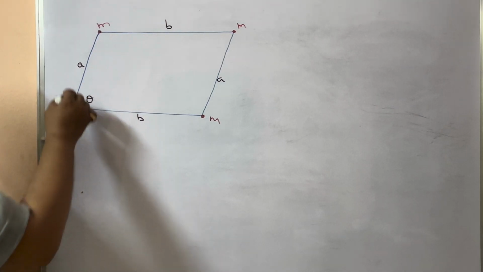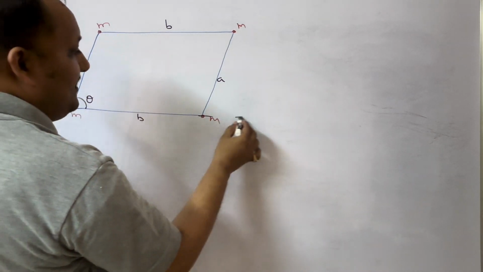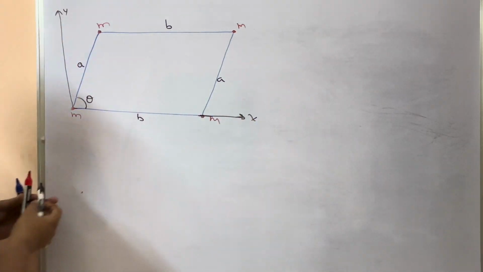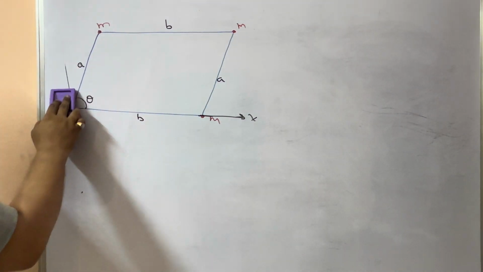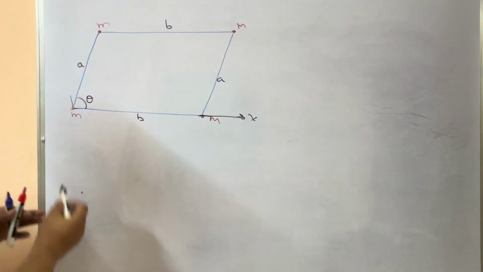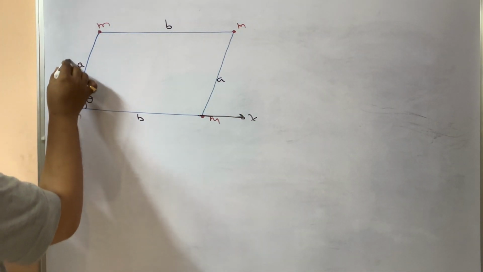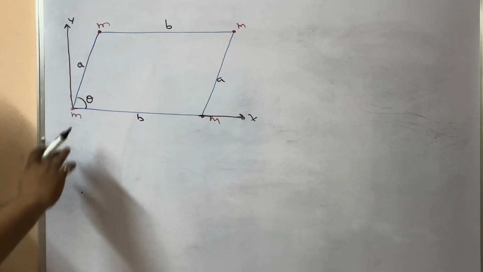So for this, how will we calculate? This is going to be the y axis, this is going to be the x axis, correct? You have to find coordinates, isn't it? What are the positions of all these mass particles?